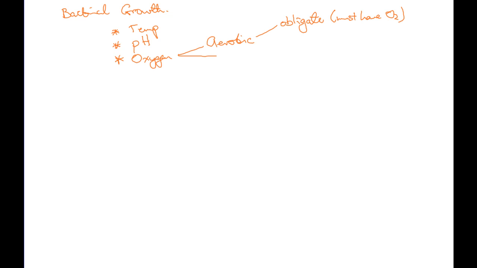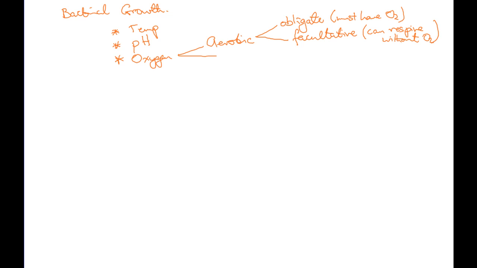That means they're obligate aerobes. Or they could be facultative, which means that they can switch. They're fine with oxygen around and will use aerobic respiration, but if there's no oxygen around, they will be able to manage without. They can respire with or without O2.